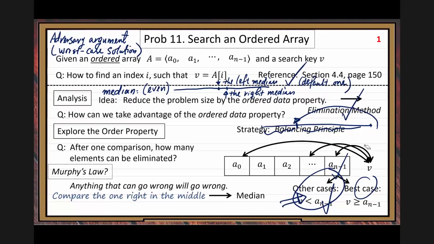Another interesting thing I would like to mention is called the balancing principle. Balancing, the even split: you make your data distribution very balanced. This principle is also very useful in solving real-world computing problems, so I call it the balancing principle.